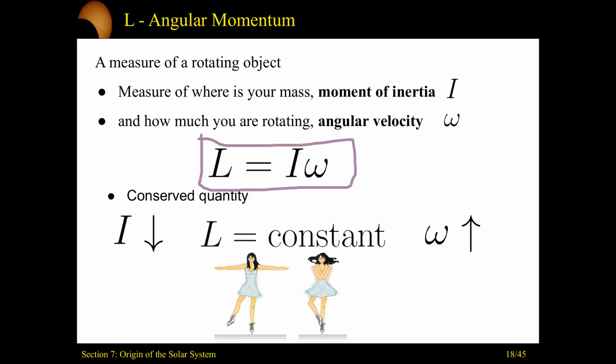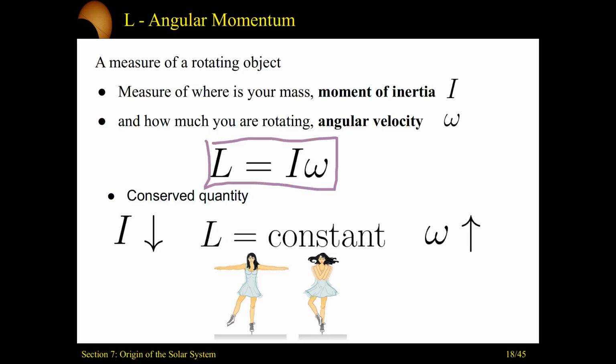L, the angular momentum, is just a product of this I, the moment of inertia, and this omega, not w, omega, the angular velocity. Well, there's a lot built into this expression.